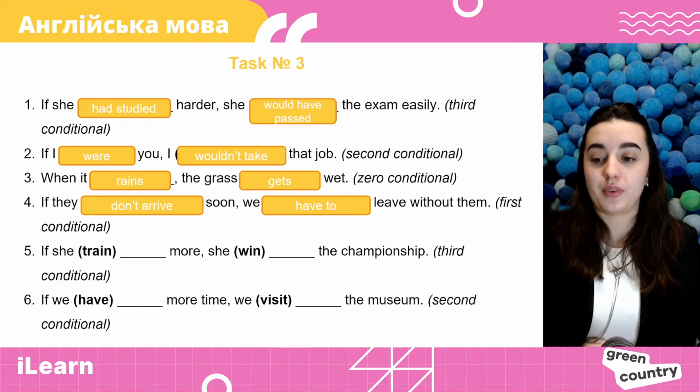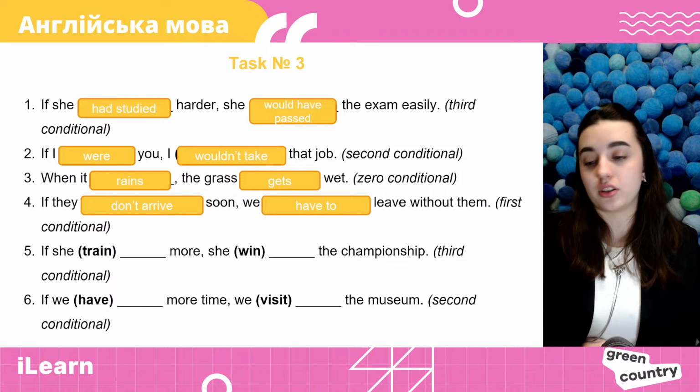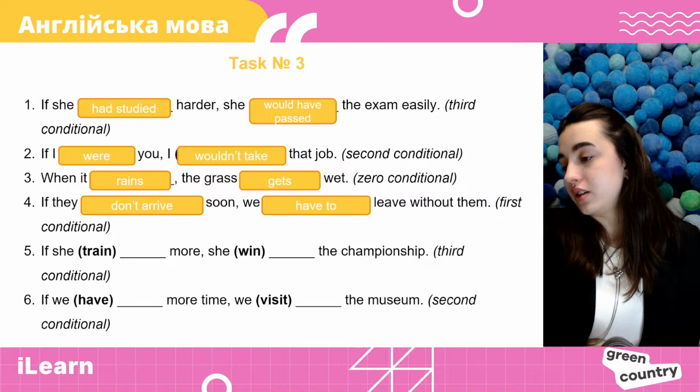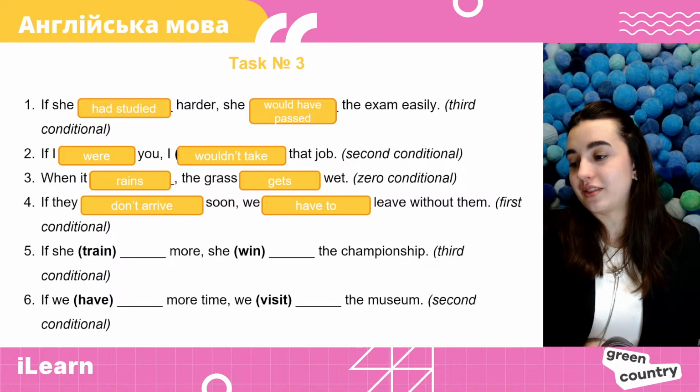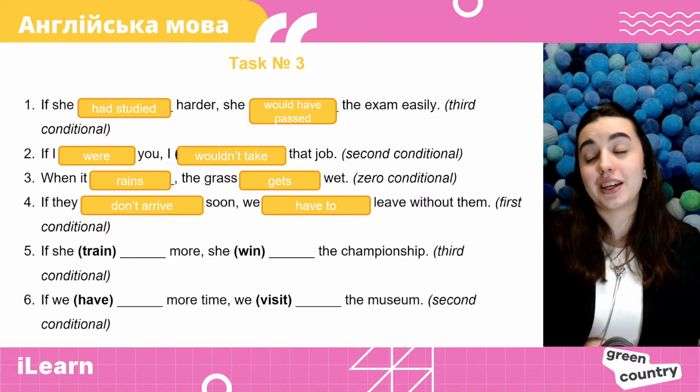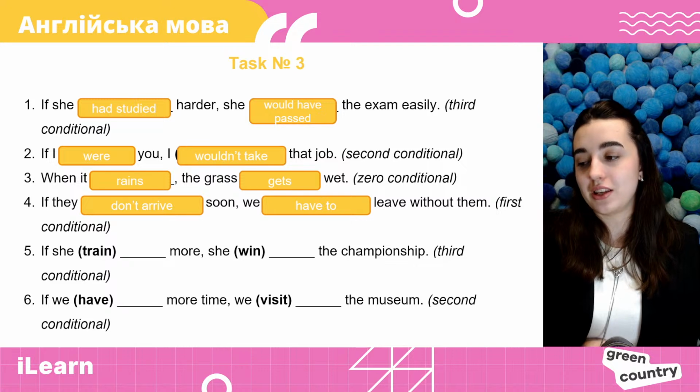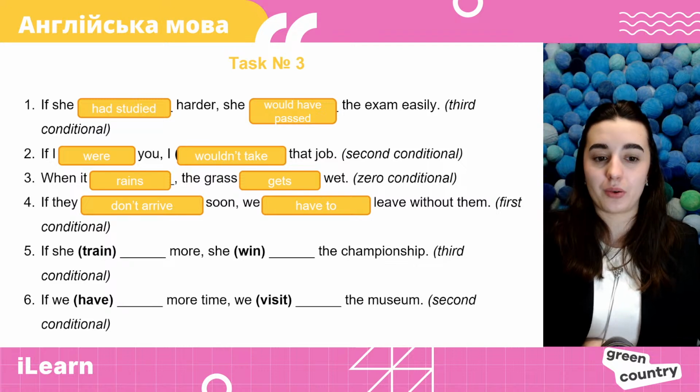Okay, next, number 5. If she train more, she win the championship. Third conditional. Anika, it's okay to make mistakes. Yeah. So now we are training. So I think everything will be okay at the test.